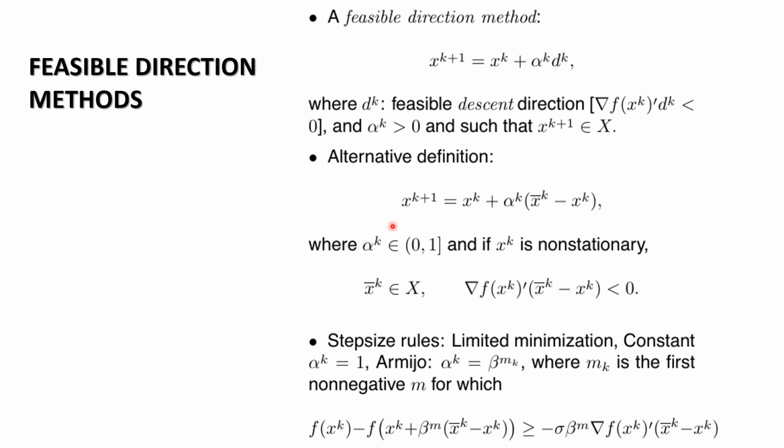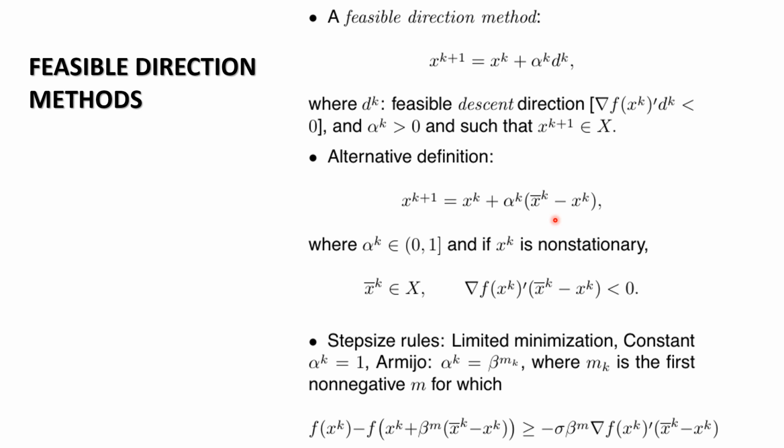Alternative definition: xk plus 1 is equal to xk plus alpha k multiplied by x bar k minus xk, and here x bar k from the same set X is a feasible point that helps define a feasible direction.